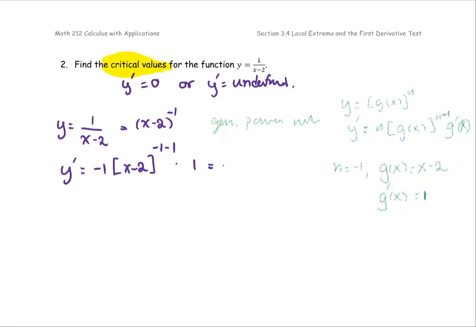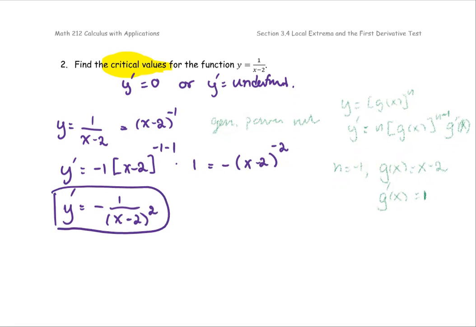Simplifying, it is negative of the quantity x minus 2 to the power -2. Or you can write y prime as -1 over the quantity x minus 2 to the power 2. All right, we have the y prime in fraction form.